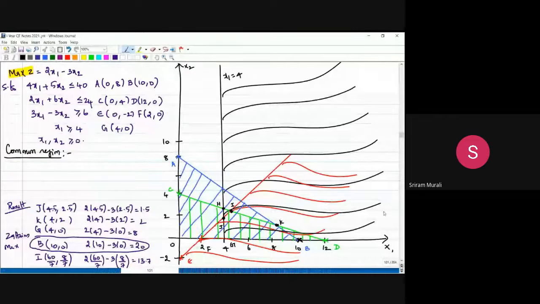So, where all the shading intersects. Sir, above I, there's also another point, sir. Yes, this is also there. I, J, and then K, L, and then M. Anything else missed?